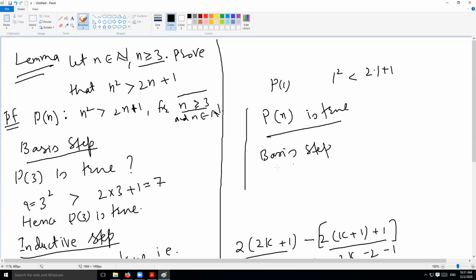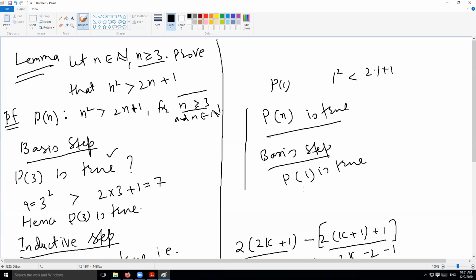Base step means what? Prove that this statement P is true for some concrete number, say 1 or 2 or 3 or whatever. For example, here we proved that P(3) is true because everything is starting from n equal to 3.